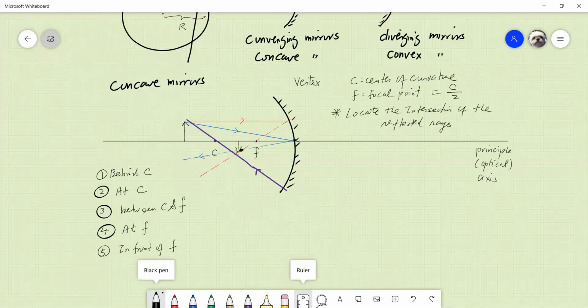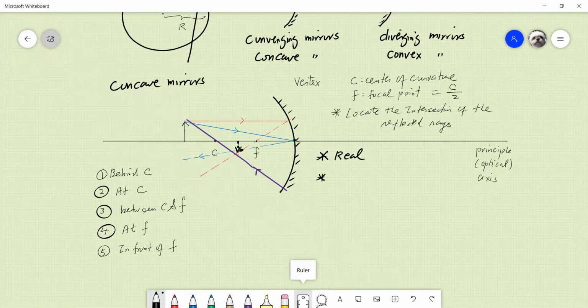Now, what can I tell about the image? Is it virtual or real? Remember that for the plane mirror, the image and the object are on opposite sides of the mirror, and they are virtual. But now I have my image on the same side as the object, so therefore it is real.